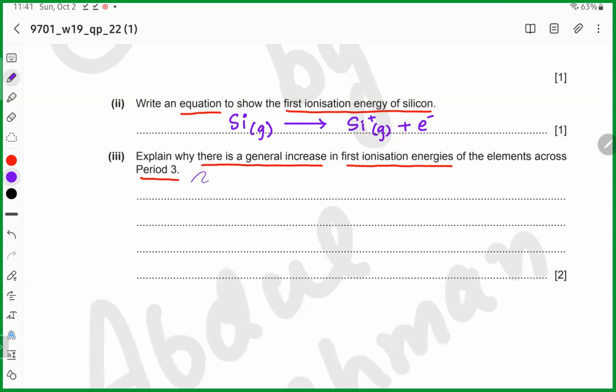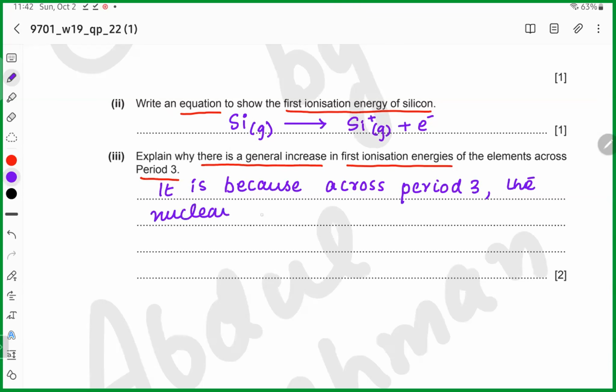So we can say that it is because across period 3, the nuclear charge increases or the atomic number increases, both are the same thing.